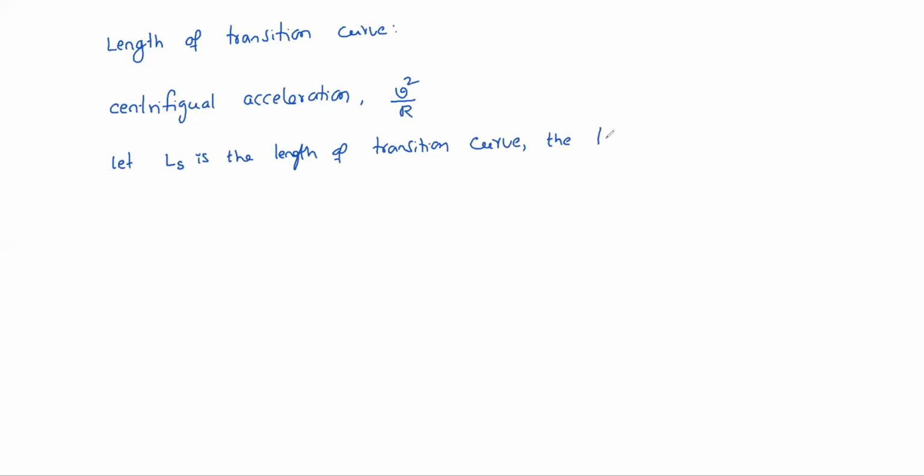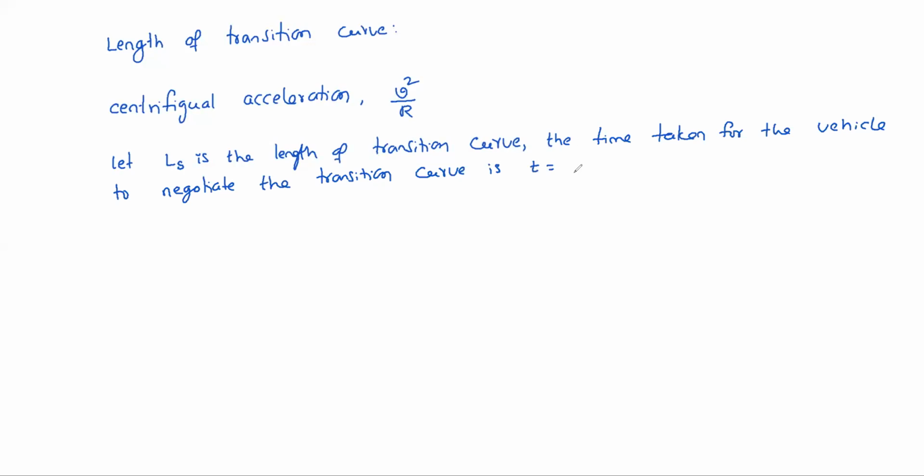The time taken for the vehicle to negotiate the transition curve is how much? So length is there, velocity is there. Velocity is V. How do you get time?